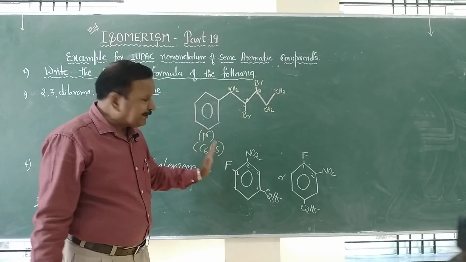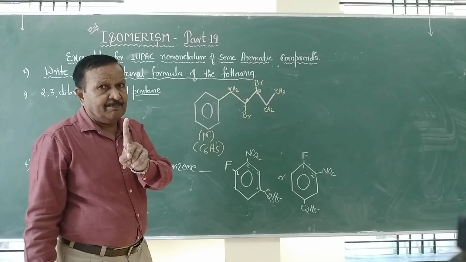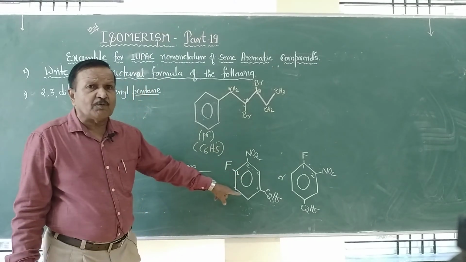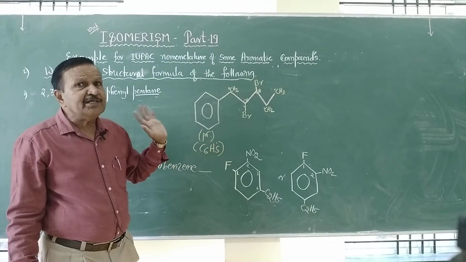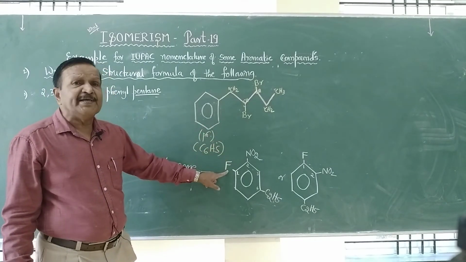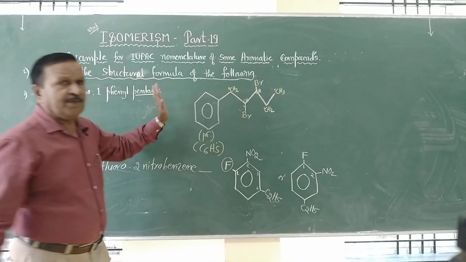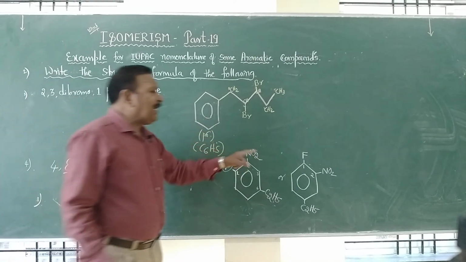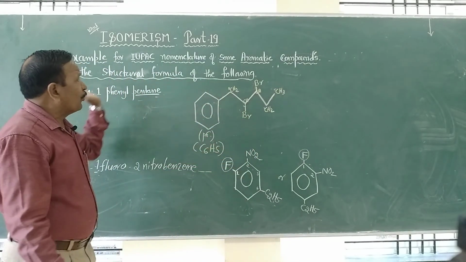So the first group is decided and its position is always 1. So you always have to remember that these numbers 1 to 6 are fixed, but their positions are not fixed. Their positions will be decided on the basis of the first functional group. The first functional group that is taken will act as the main reference.